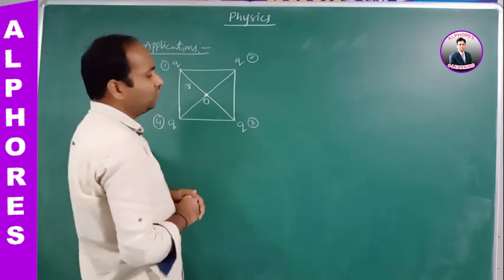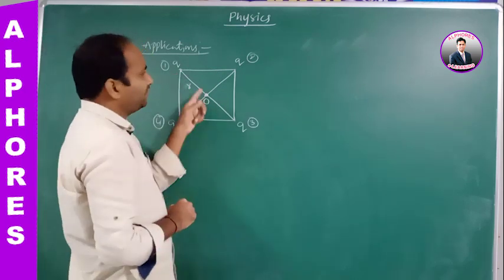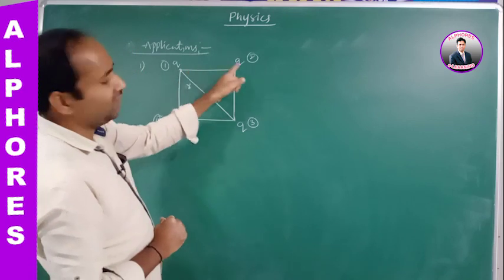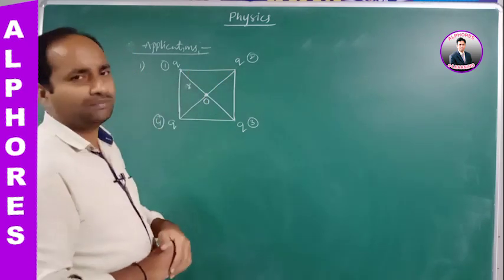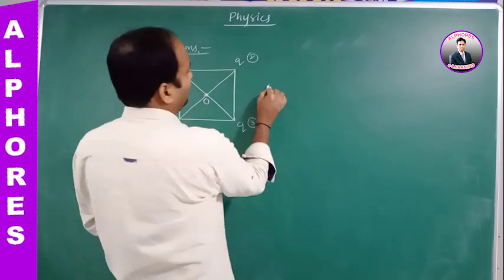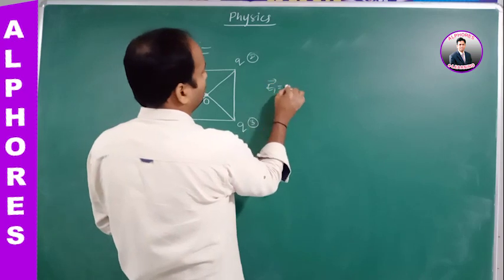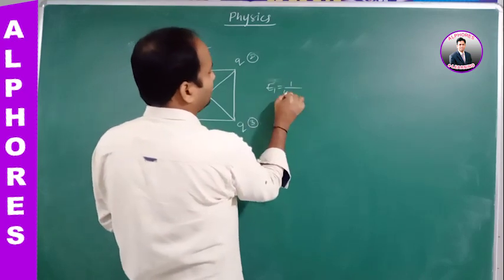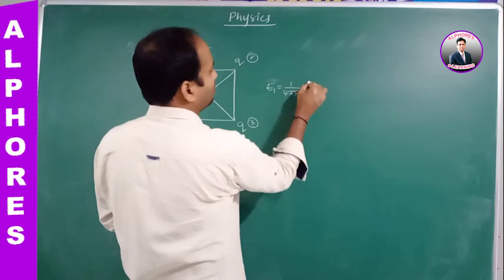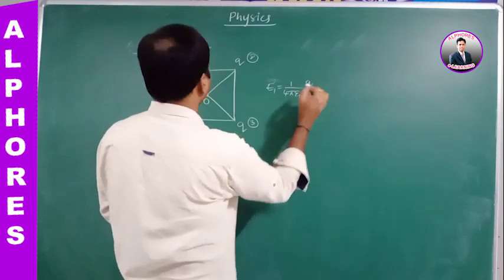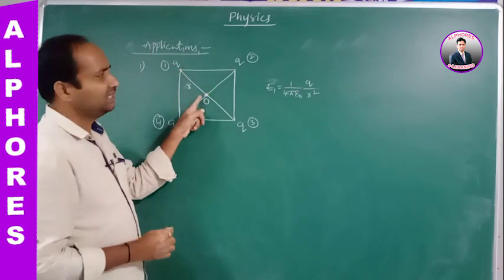Now what is the intensity of electric field at the center O by these four charges? What is it for the first charge? You may write like this: the magnitude of E1 is equal to 1 by 4 pi epsilon naught Q by R square. Q be the charge, R be the distance.